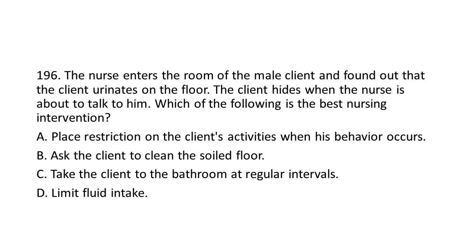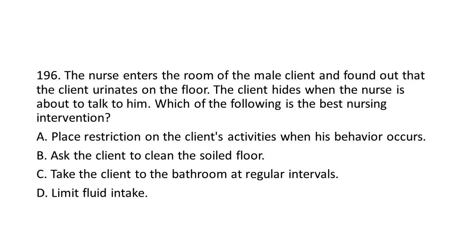196. The nurse enters the room of the male client and finds out that the client urinates on the floor. The client hides when the nurse is about to talk to him. Which of the following is the best nursing intervention? A. Place restriction on the client's activities when his behavior occurs. B. Ask the client to clean the soiled floor.